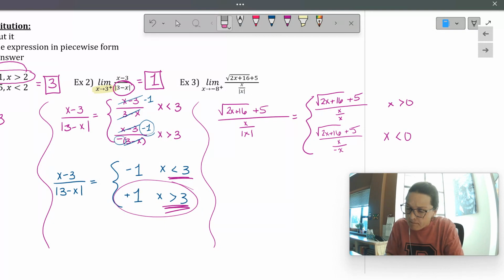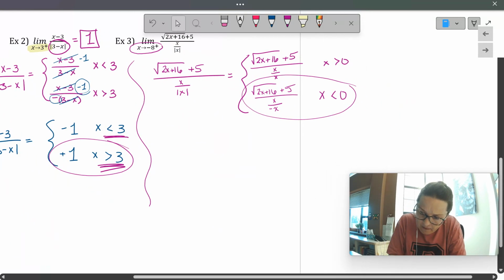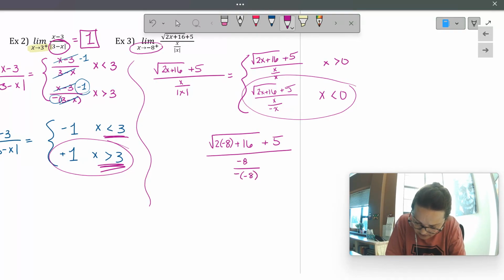All right. But again, what were we supposed to do here? We're supposed to find the limit as x approaches -8 from the right. So that's like slightly bigger than -8, so like -7.9. That would put me into here. Okay, so let's see. If I plugged -8 into this piece, that's going to be the square root of 2 times -8 plus 16 plus 5 over -8 divided by -8.